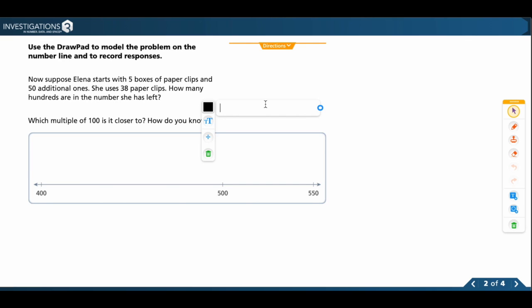So now let's say that Elena starts with 5 boxes of paper clips and 50 additional ones, so 50 more. Then she uses 38 paper clips. The question is asking, how many hundreds are in the number she has left?